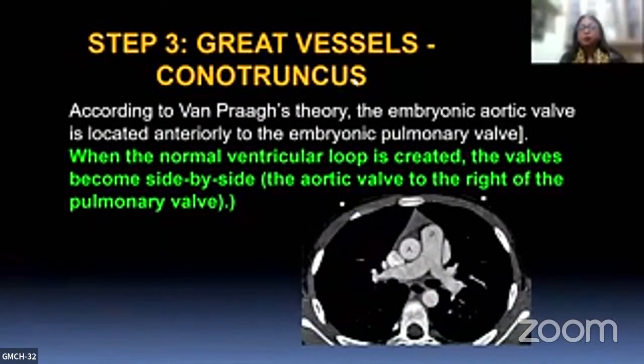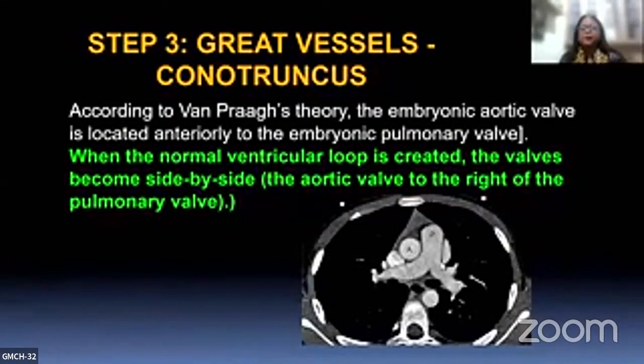Now coming to step 3, that is the great vessels or conotruncus. According to the Van Praagh theory, the embryonic aortic valve is located anterior to the pulmonary valve at the embryonic level. But when the normal ventricular loop is created, the valve becomes side to side to the pulmonary valve. So the aorta will be on the side of the pulmonary artery and the valve will be side to side.